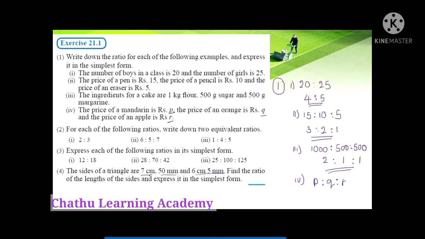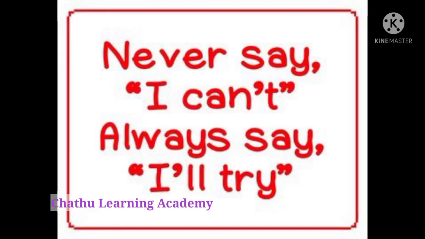Can you remind how many millimeters in 1 centimeter? It's 10. Then here 70 millimeters, here it's okay, 50 millimeters. Here 60 millimeter and 5 millimeter. Total value is 65 millimeter. Now I think you can get the ratio in between these three sides and you can find the simplest form.